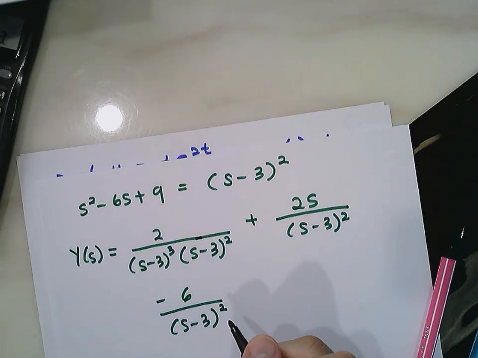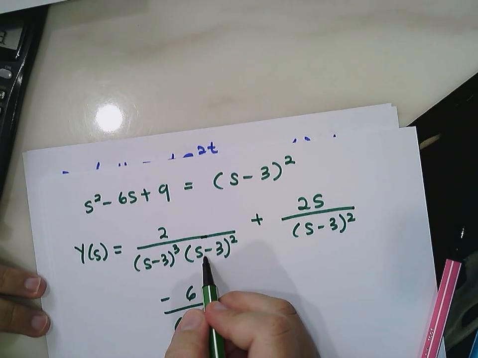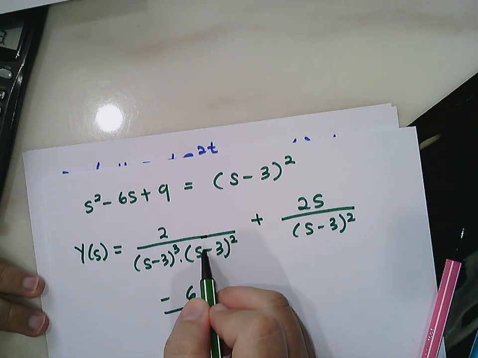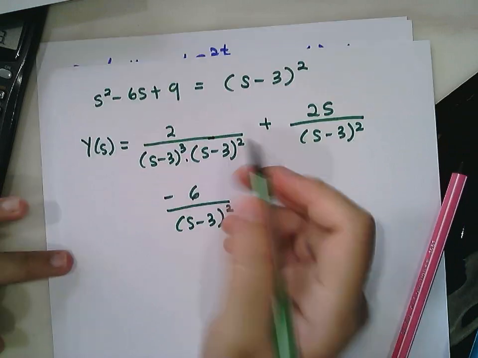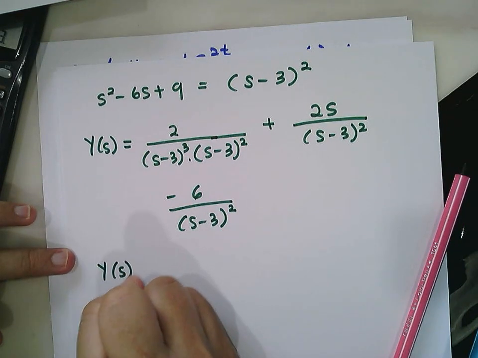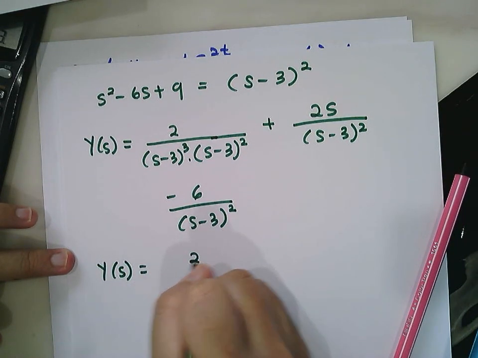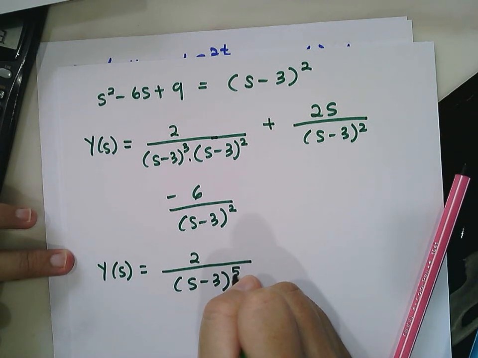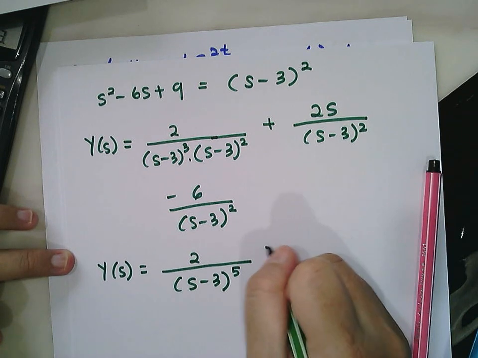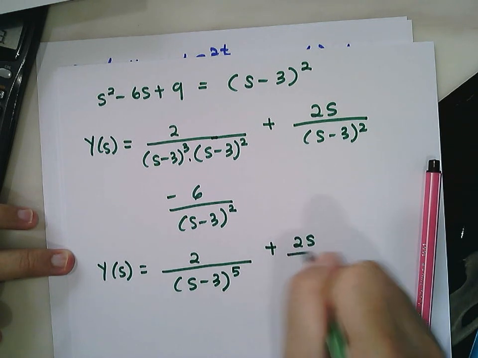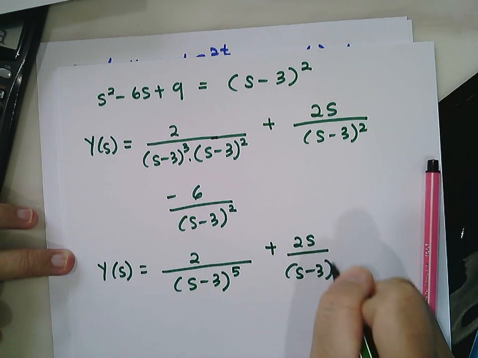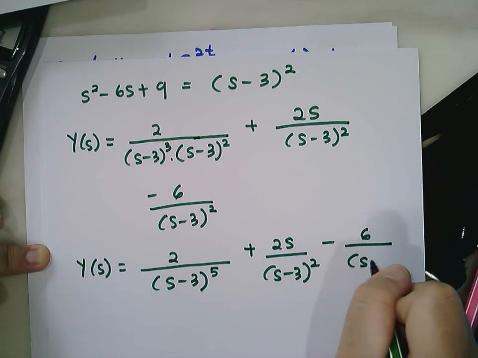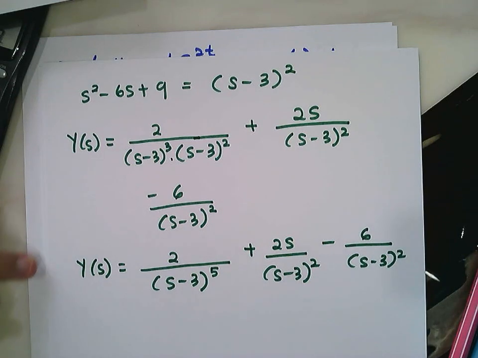Remember, if this one is multiplied, then the powers we need to add. Therefore you will have Ys equals 2 over (s minus 3) to the power 5 plus 2s over (s minus 3) squared minus 6 over (s minus 3) squared.